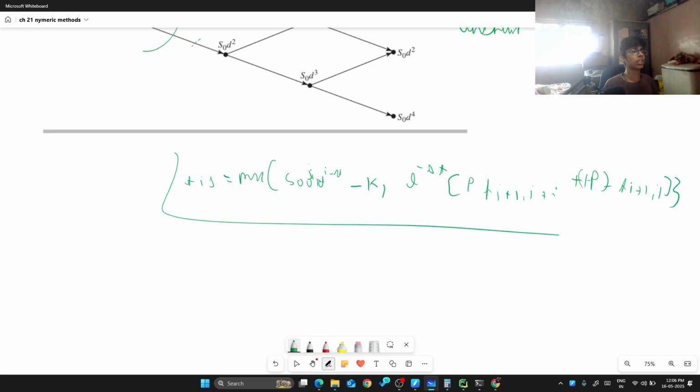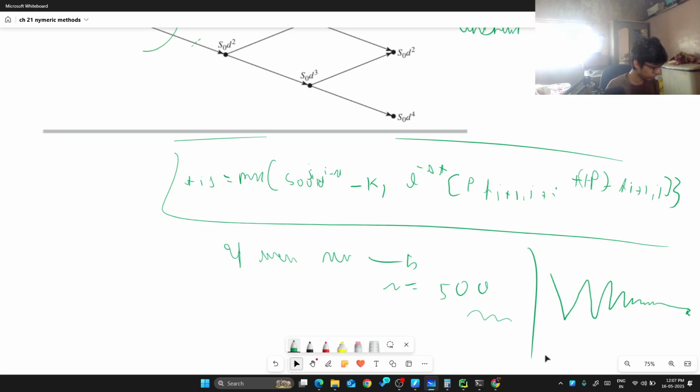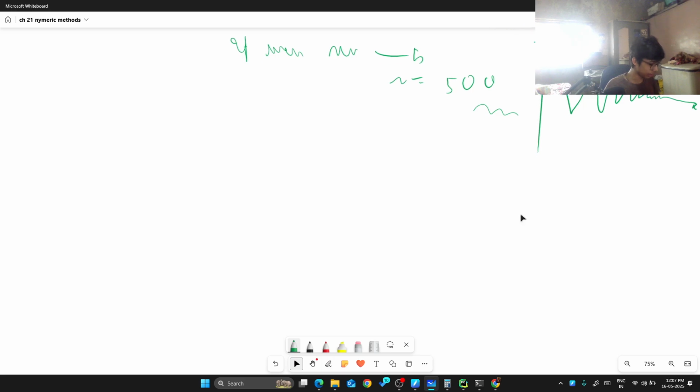And in this way an American option is priced. And if we increase our nodes to 500, the option price converges more. The convergence depends on the number of nodes. Okay, and how to find the delta?